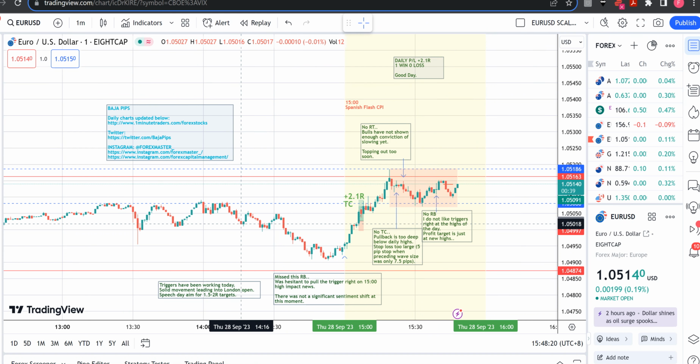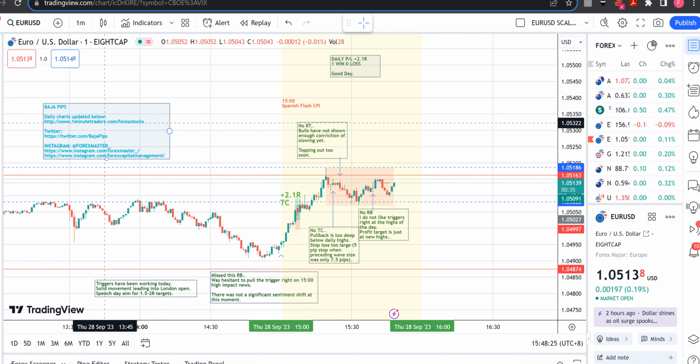Other trades in my arsenal. Give me a few minutes. I'm going to type up what I need to type up on my daily notes and be all done.